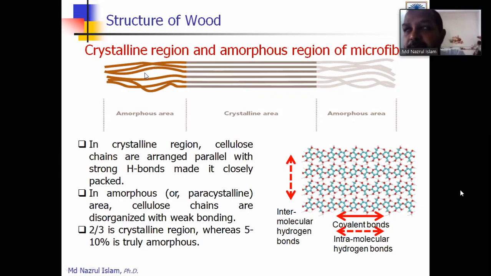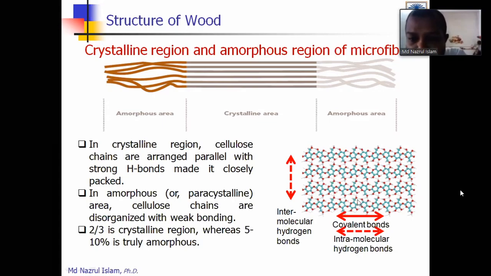It's not that some wood has only crystalline or only amorphous. In all woods, there are both amorphous and crystalline regions. Because of the irregular bonding in the amorphous region, there is no stronger bonding, so it can absorb moisture and has the affinity to water.